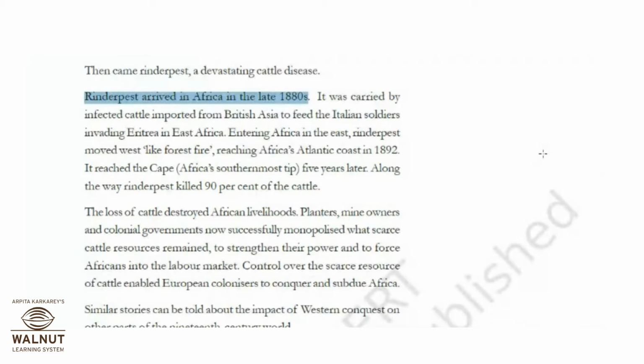Entering Africa in the east, rinderpest moved west like forest fire, reaching Africa's Atlantic coast in 1892. It reached the Cape, Africa's southernmost tip, 5 years later. Along the way, rinderpest killed 90% of the cattle.